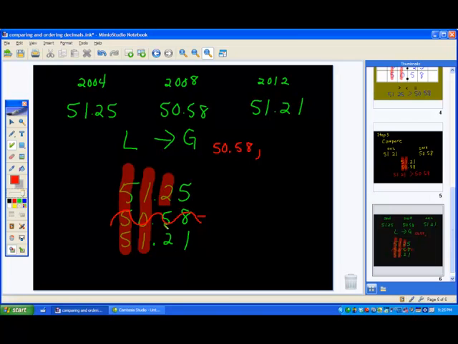Well, I notice a 2 and a 2 in the tenths place, so that's not going to help me either. It's not till the very last number that I figure out which one was less than the other one. This one right here is smaller than that, so 51 and 21 hundredths, and that one would come last, 51 and 25 hundredths of a second.